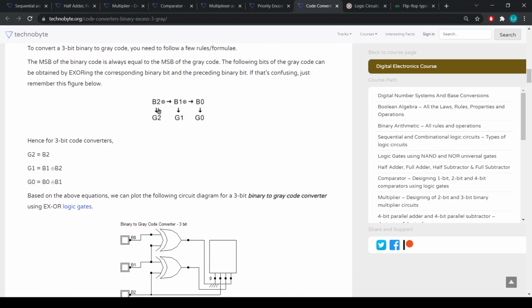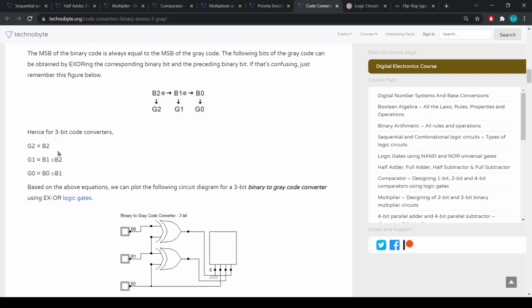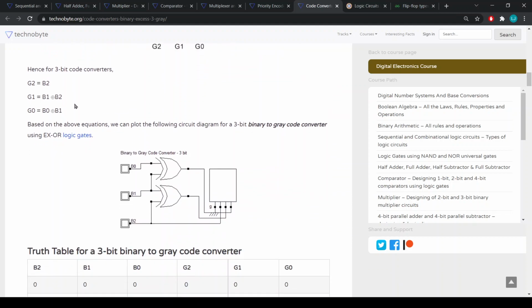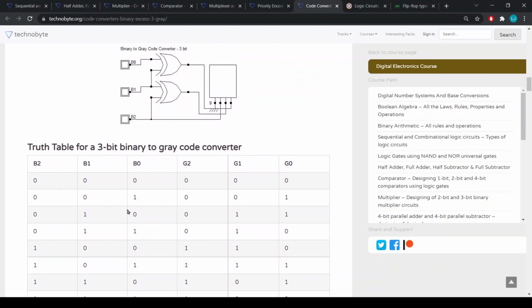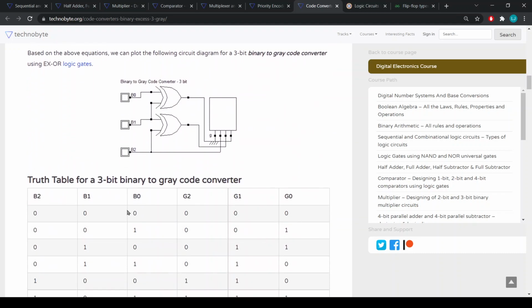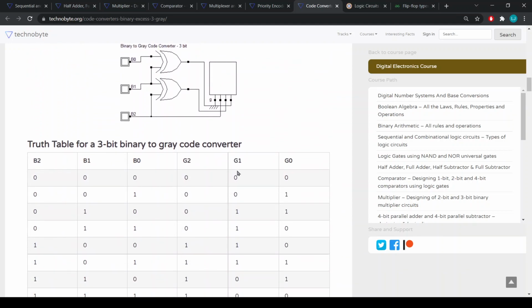So this is the formula for a 3-bit code converter. So this is the combinational circuit, and if you look at the truth table here and use this formula, you get this.